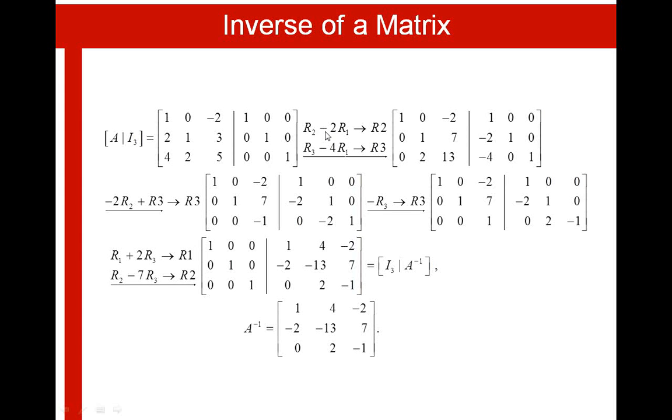And then we do the row reduction operations until we obtain the identity on the left side and A minus 1 on the right-hand side. How we do that is as we've done before with elimination. We transform these two into zeros, and this is done by R2 minus 2R1 in R2 and R3 minus 4R1 in R3.